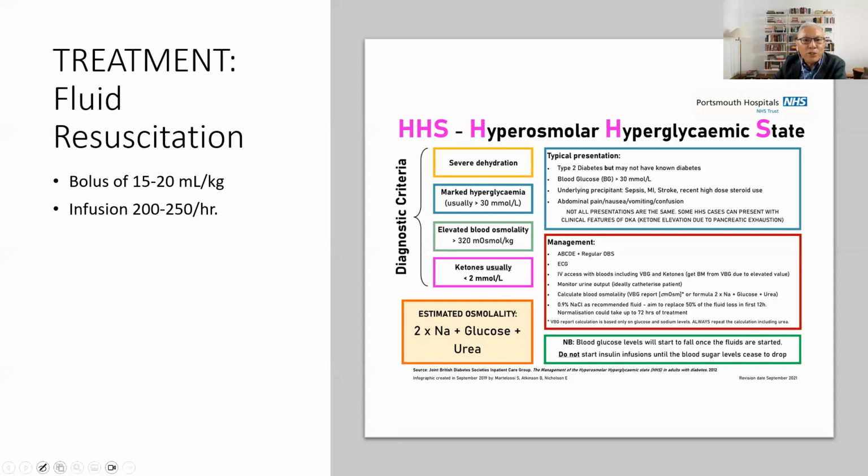So it's similar treatment. Fluid administration actually will cause the plasma glucose level to decrease even without insulin administration. In fact, a decrease in the plasma glucose is a sign that we're adequately replacing the fluids.